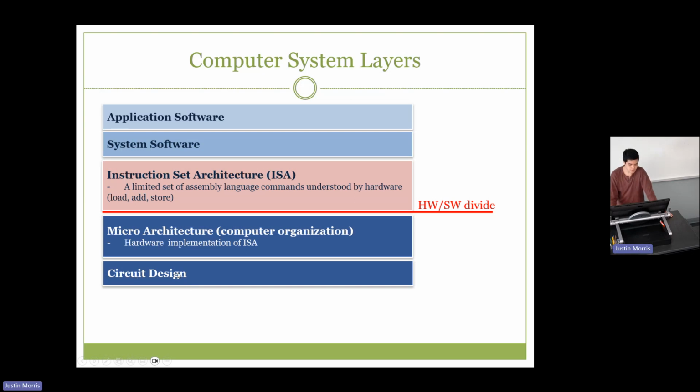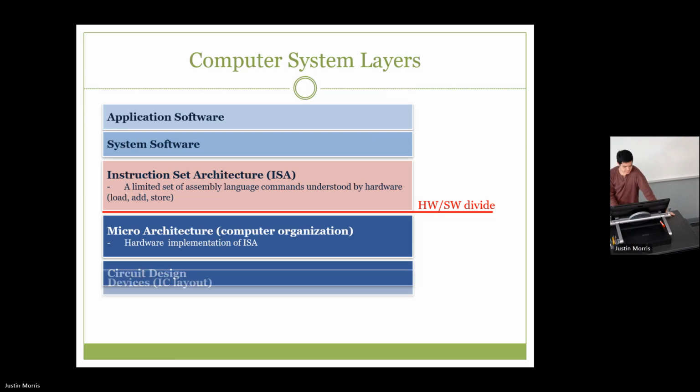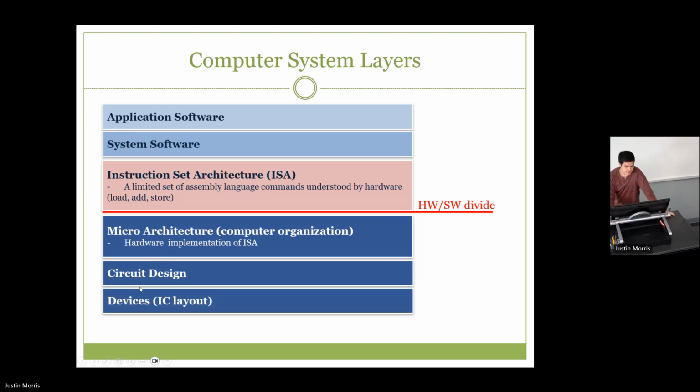We will talk a bit about those, but we're mostly going to be treating those digital logic blocks as a black box, and we just know what the function is. Below the circuit design is the actual layout on the real chip. That is more of a graduate-level course to get to this detail.